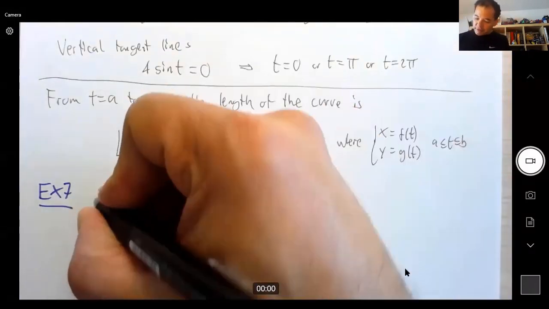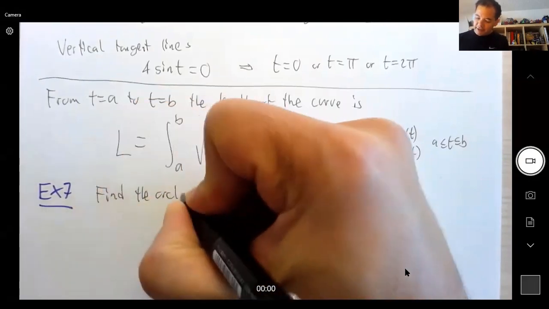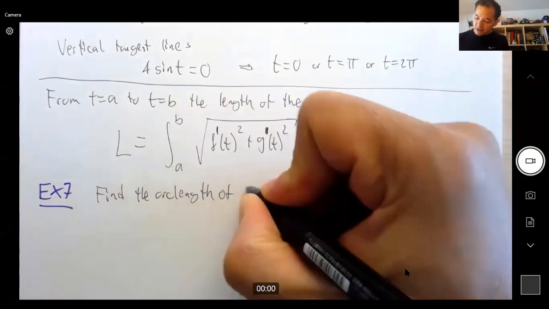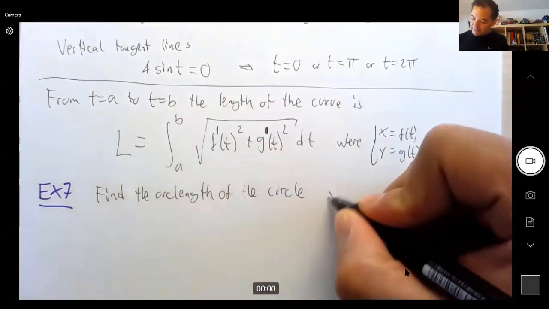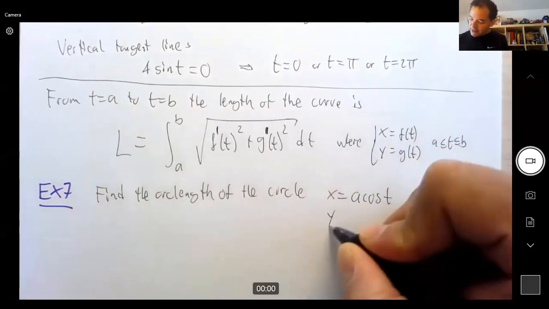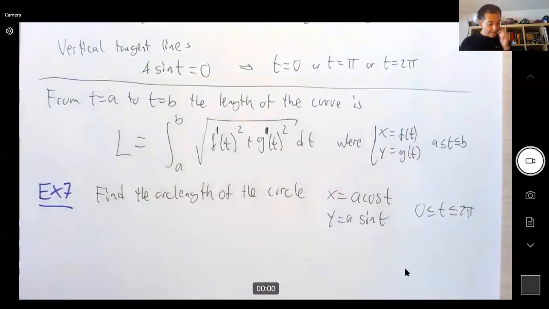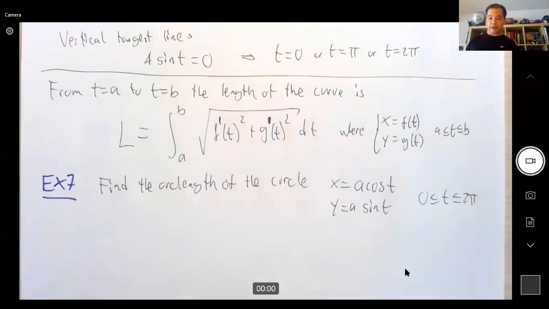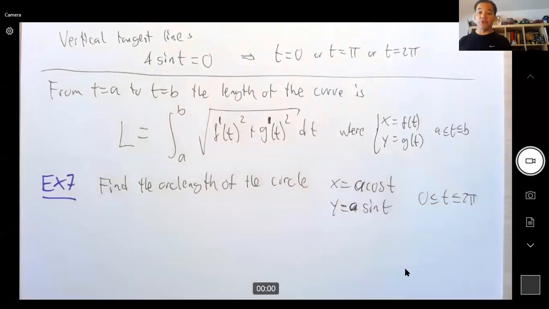So find the arc length of the circle with equations x equals a cosine t, y equals a sine t, where t goes between 0 and 2 pi. That's how we can parameterize a circle with cosine and sine. That's like the one that I showed you in my animation at the beginning of today's class.